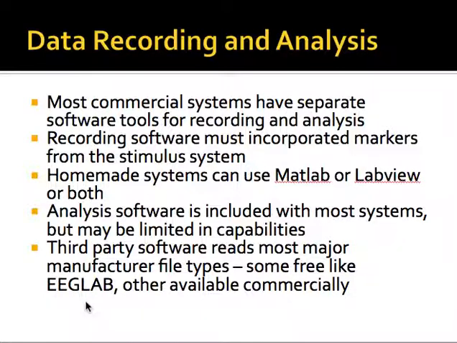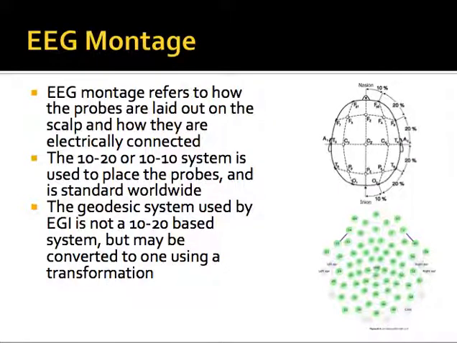So in this class, we will use primarily EEGlab along with some basic MATLAB code that you write. But there are some others, and some of them are quite expensive. And the more expensive they are, the more black boxy they are, and the less you're actually able to see.